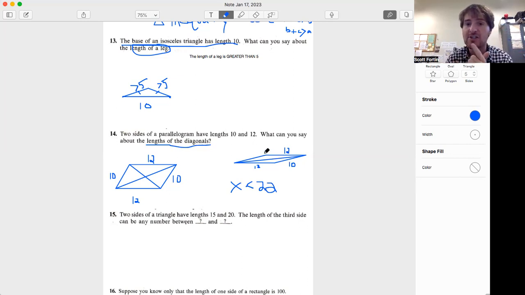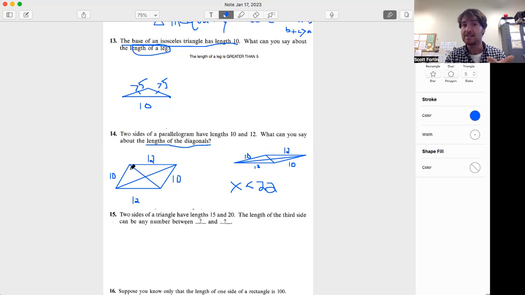That's one diagonal. Let's look at the other diagonal. The other diagonal is very small, at least in this dramatized example that we have here, okay? So if this is 10 here, there's actually something I can say about that smaller diagonal too. What can I say about that? What does it have to be? Well, a diagonal is either going to be the longest side in a triangle, this with the 10 and 12 here, or it's going to be one of the shorter sides.